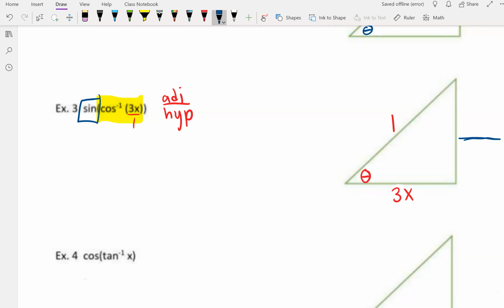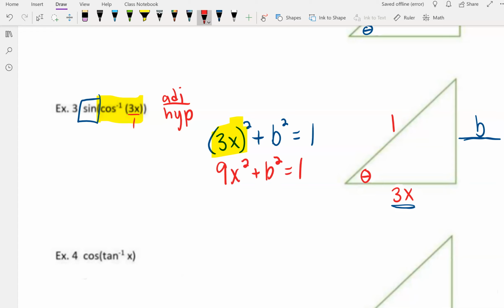So I can call this one a, so (3x) squared, plus, I'll call this b, so b squared equals c squared, so 1 squared, which is just 1. And then use Pythagorean theorem to solve for b. I'm just going to square this whole thing here. 3 squared is 9. 9x squared plus b squared equals 1.